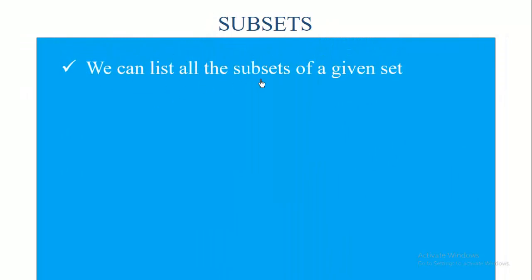Now we can list all the subsets of a given set. So let's say we have the set A. Set A is equal to the null set. Then the subset of A will be just the null set because it's a subset of itself.